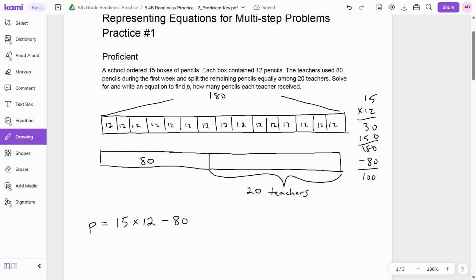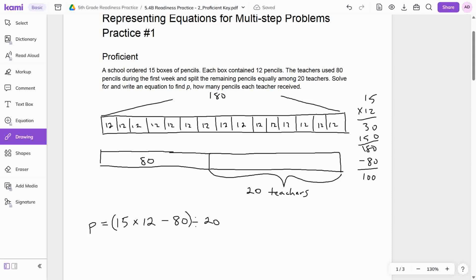We're good. But now what I need to do is take this 100 and divide it amongst 20 teachers. So I need to divide it by 20. Now, if I don't put any parentheses, I'm going to end up dividing before I subtract. So let's just put that expression in parentheses. And now I can take that 100 and divide it by 20.